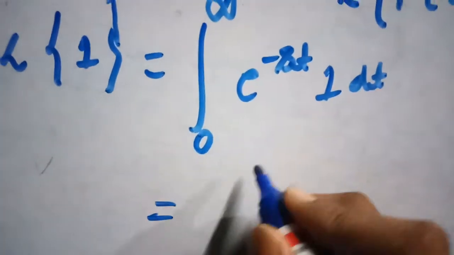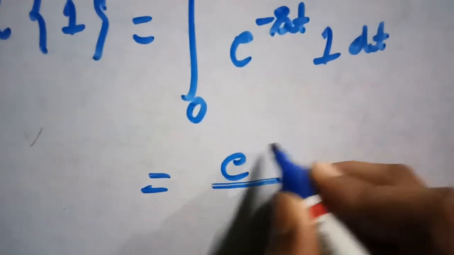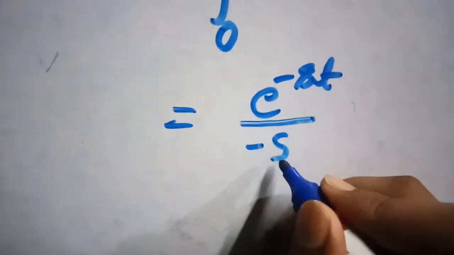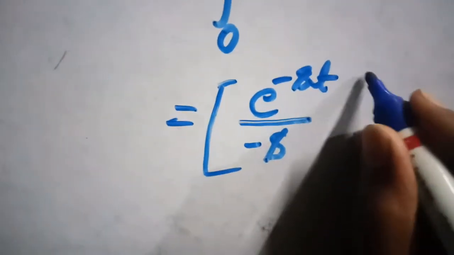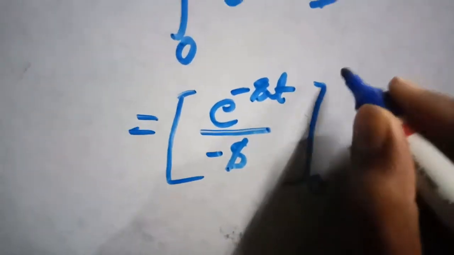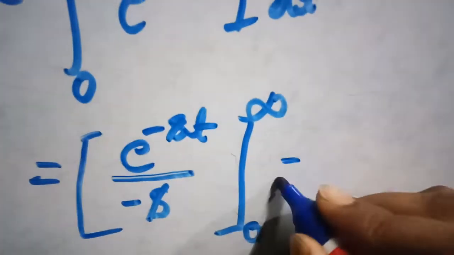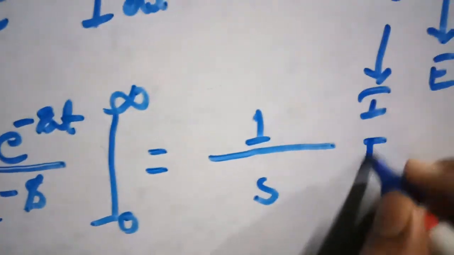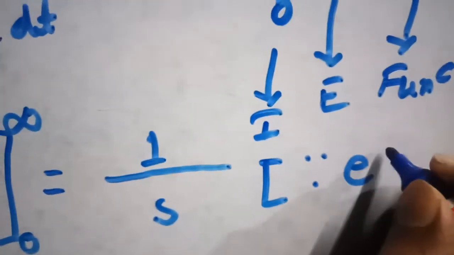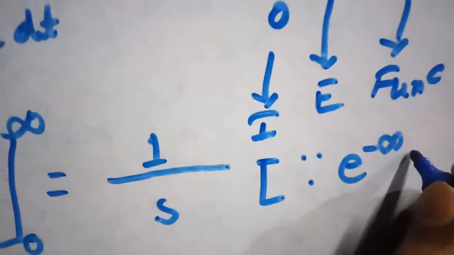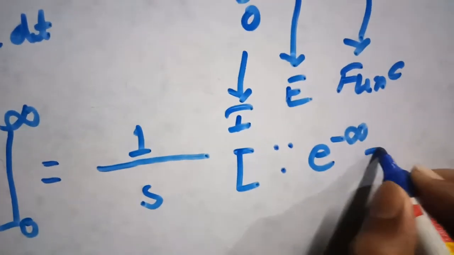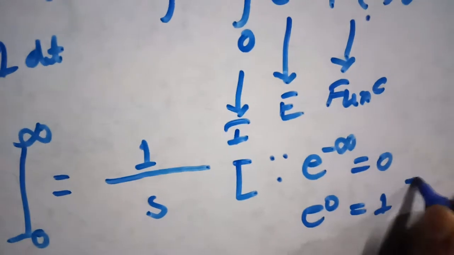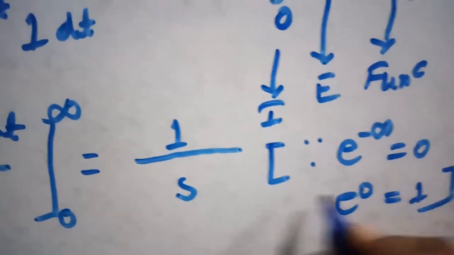Then the integration of e to the power minus st gives e to the power minus st divided by minus s, with the limit 0 to infinity, and the final result is 1 by s, because e to the power minus infinity is equal to 0 and e to the power 0 is equal to 1. So from this we get 1 by s.